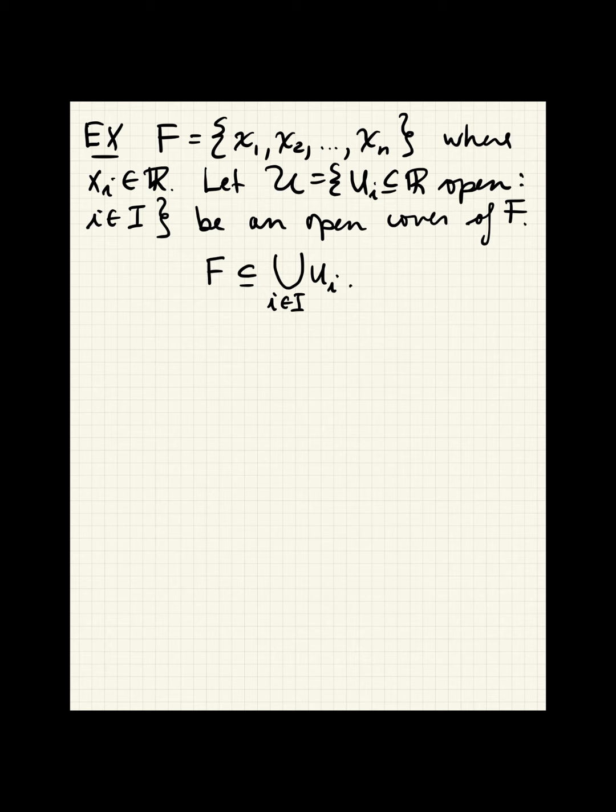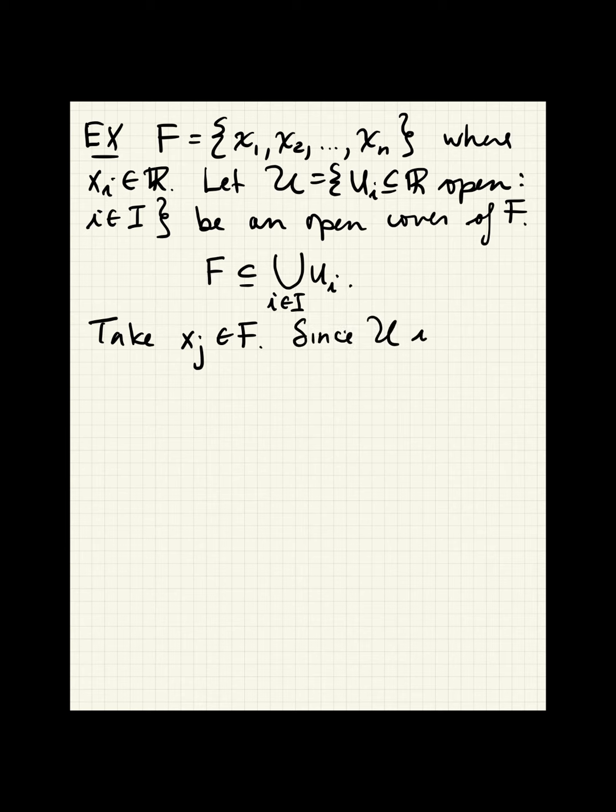So let's see if we can build a finite subcover. And I don't mean to give away the punchline, but yes, we can. And we do it almost exactly the way we did it with the previous example. So let's take one of the numbers in my set F, call it x_j.